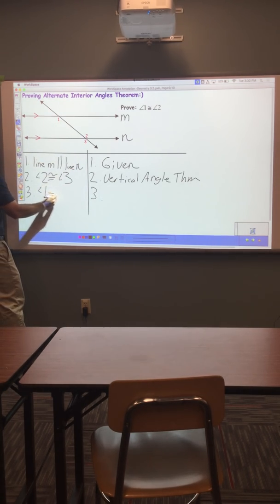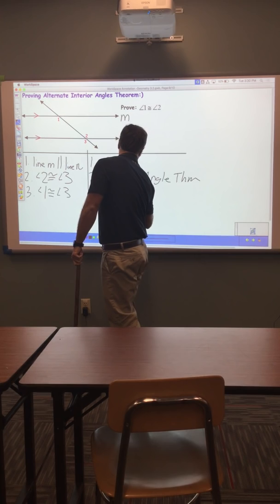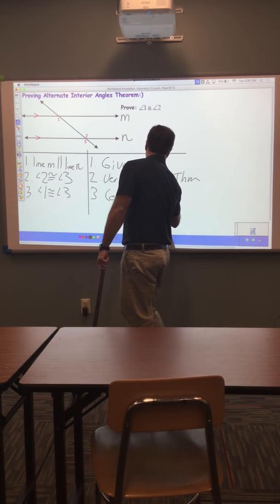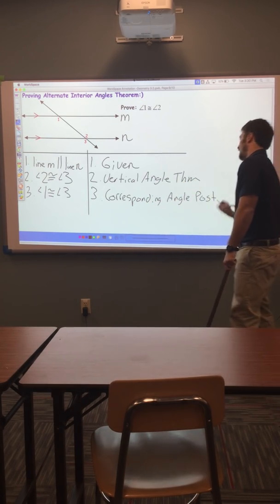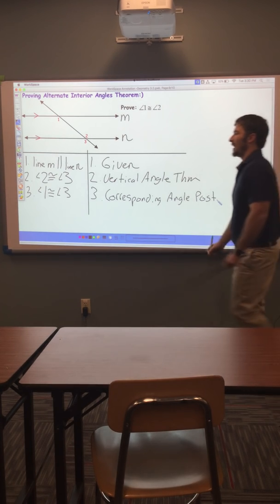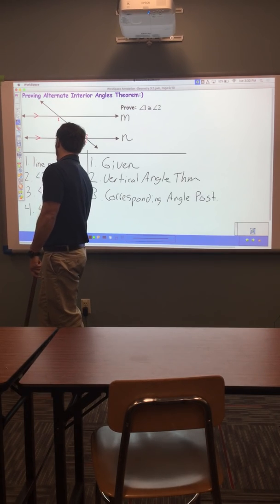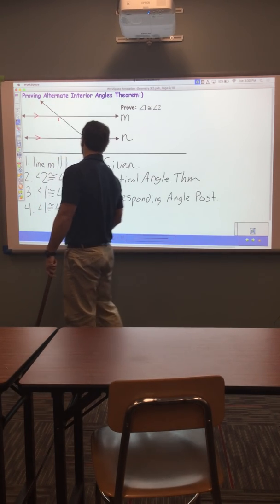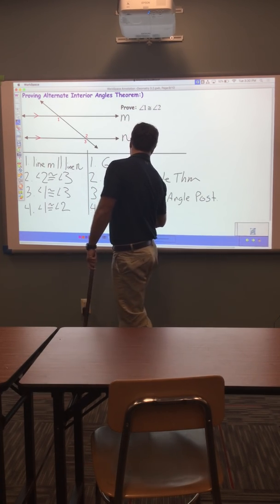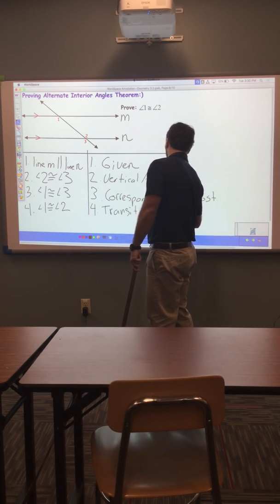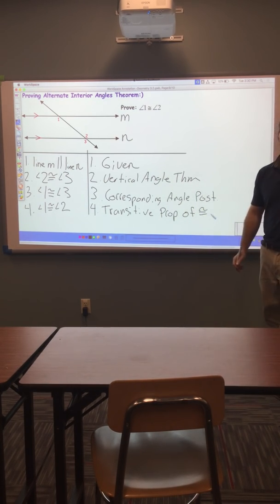So angle 1 is congruent to angle 3, corresponding angle postulate. And since 1 and 2 are both congruent to 3, we can now say that angle 1 is congruent to angle 2. And that would be your transitive property of congruence. 4 steps, short and sweet, and we're done.